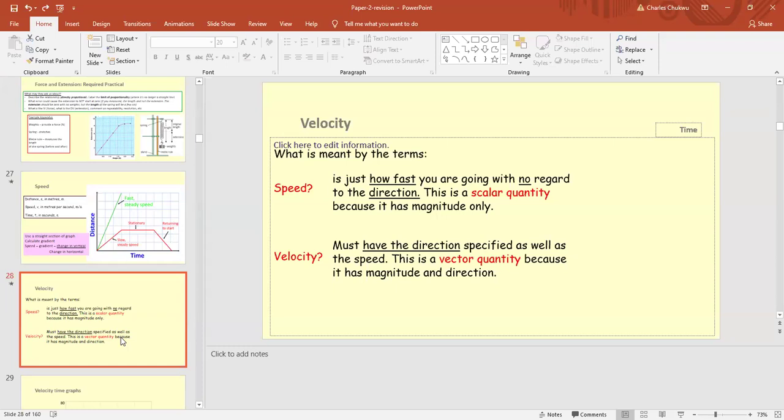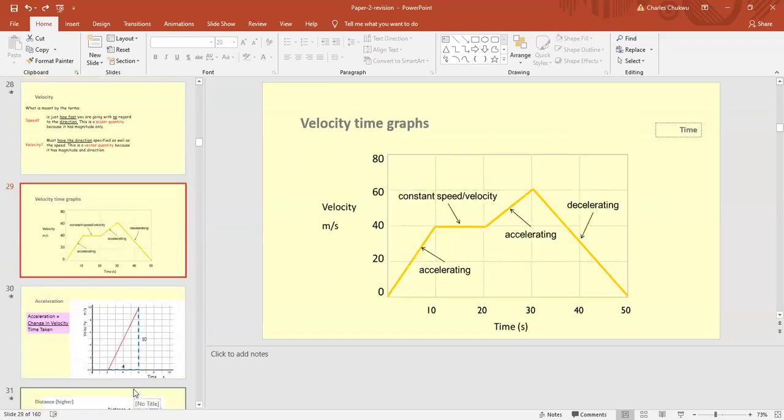Okay, so this is just still emphasizing that velocity has direction, or talks about direction, when it comes to comparison with its scalar equivalent, which is speed.